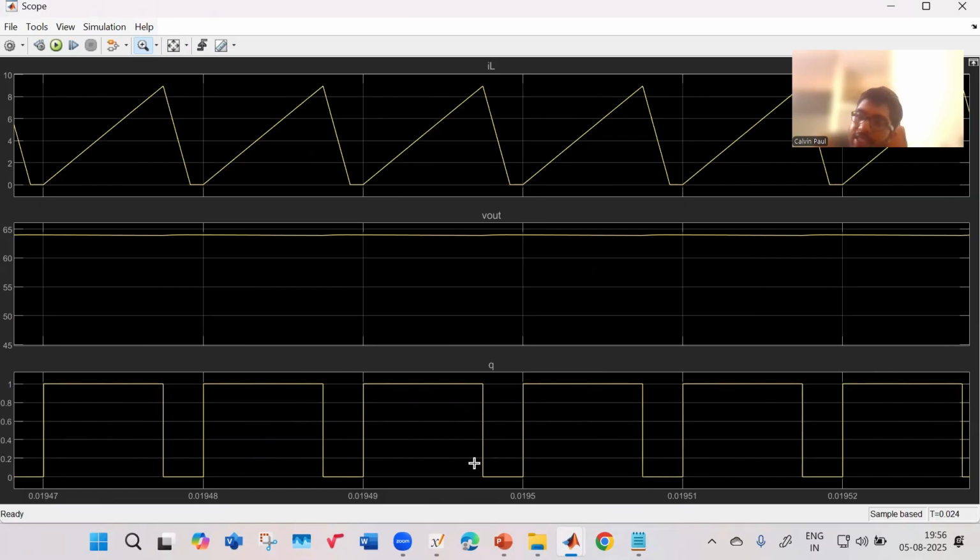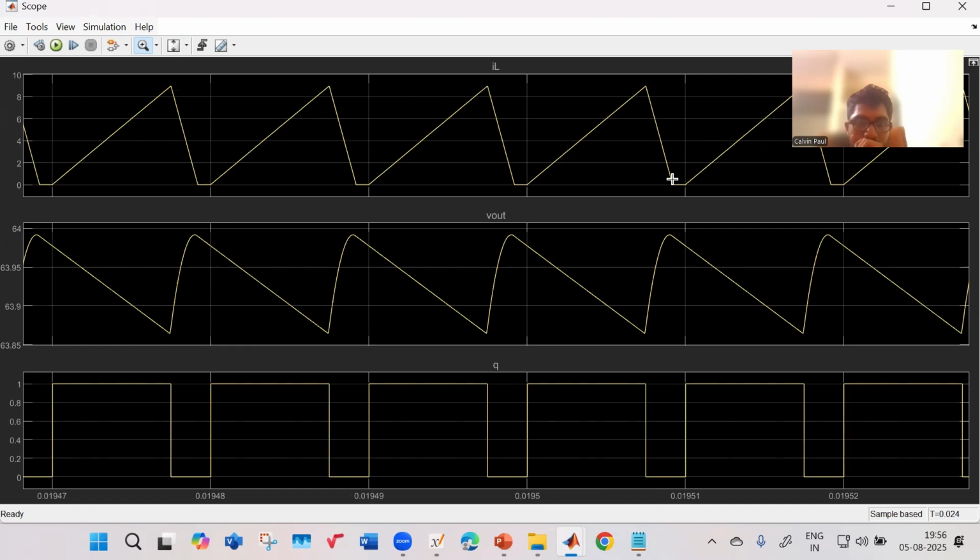If you see, my duty is still 75% only, but my output is going around 64 volt. So what should be done?